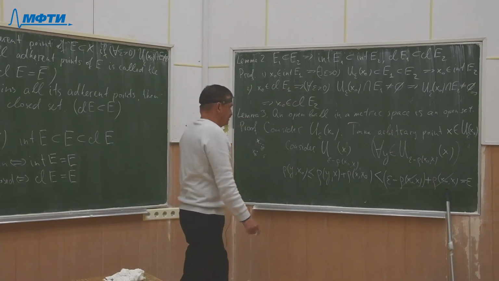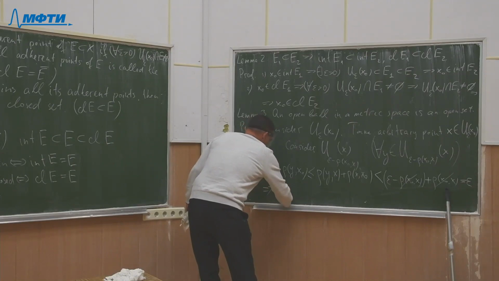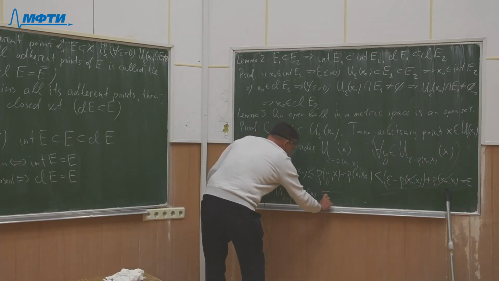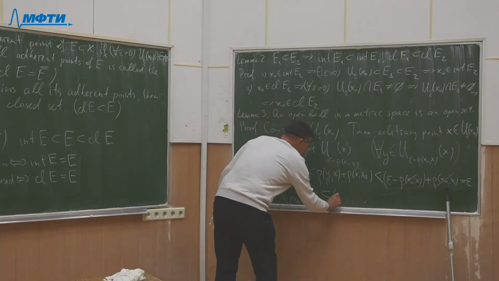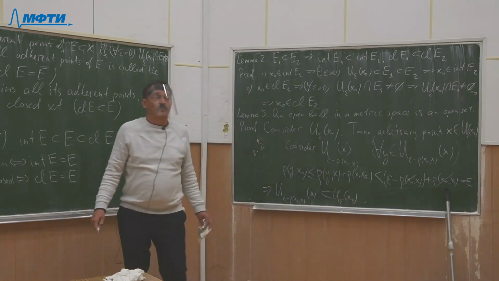It means that what we proved. Hence, our open neighborhood, our neighborhood of the point x is a subset of our original open ball.